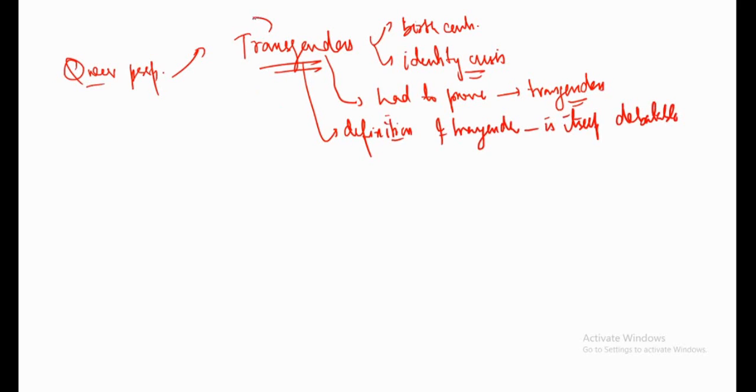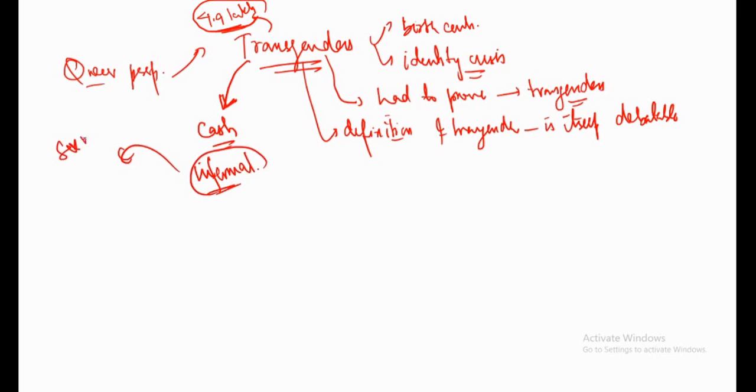We have around 4.9 lakh transgender people in India who suffered due to demonetization, because they were also dependent on cash, as their percentage was more in the informal sector. They are already in the informal sector working as sex workers.